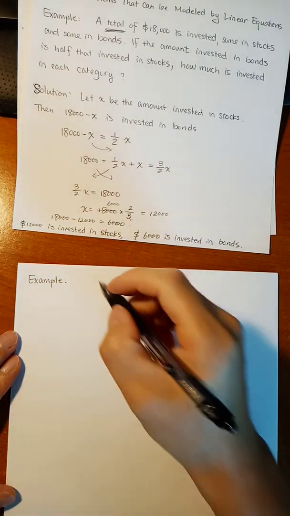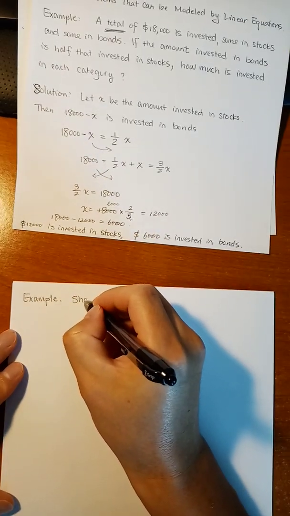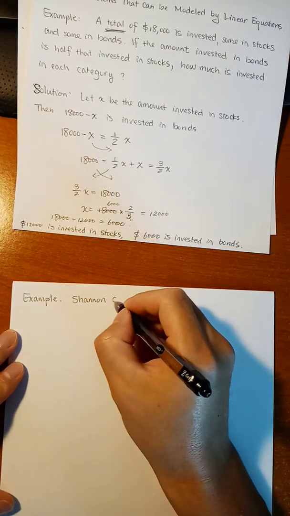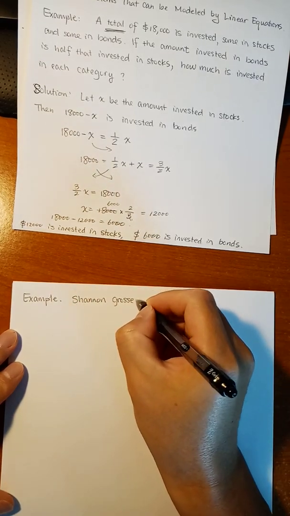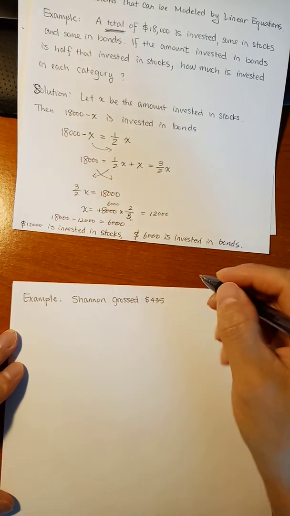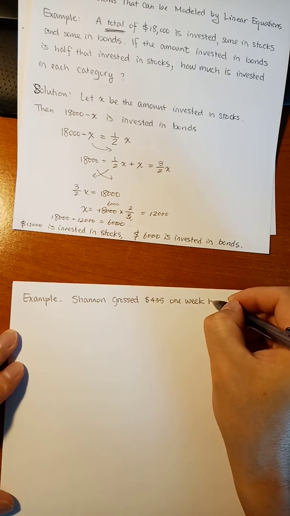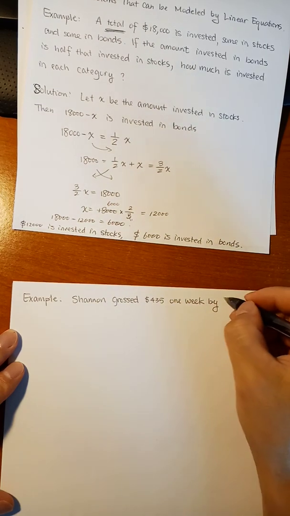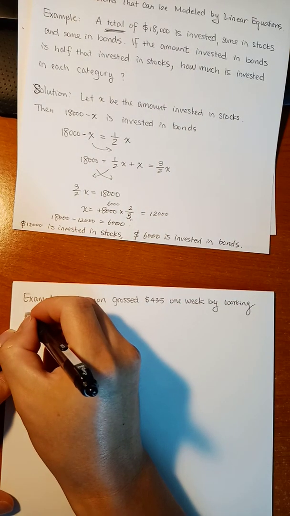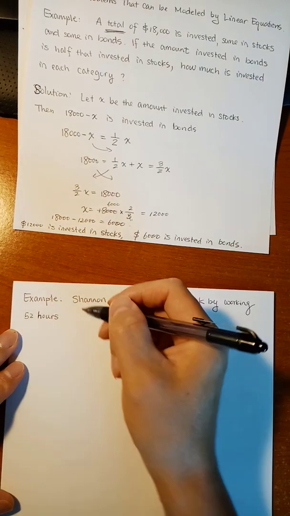Let's copy the other one. The next problem is short. So Shannon grossed $435 a week by working 52 hours.